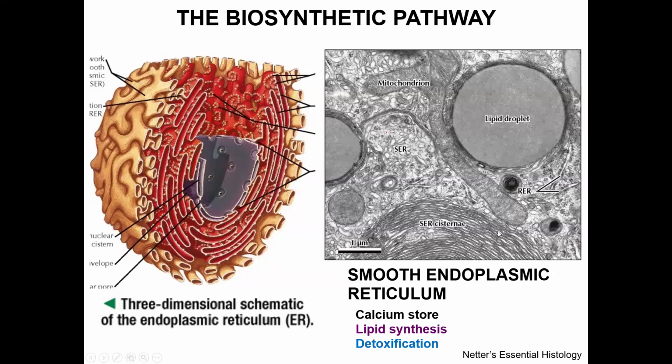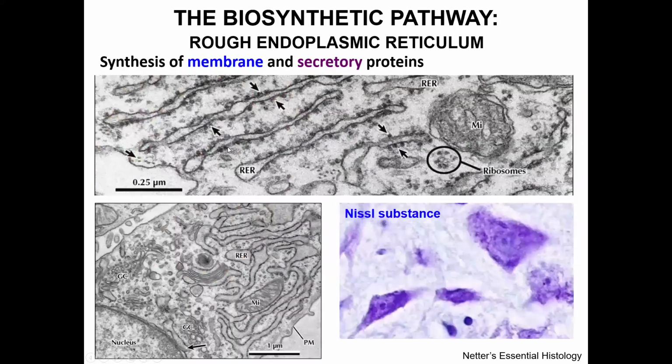This is a transmission electron micrograph. These are the smooth endoplasmic reticulum cisternae. And this is a drawing that shows the smooth endoplasmic reticulum on the outer part and the rough endoplasmic reticulum in the inner part. The rough endoplasmic reticulum in transmission electron microscopy appears also as tubules and cisternae, but it has attached those dots to it, which are the ribosomes.